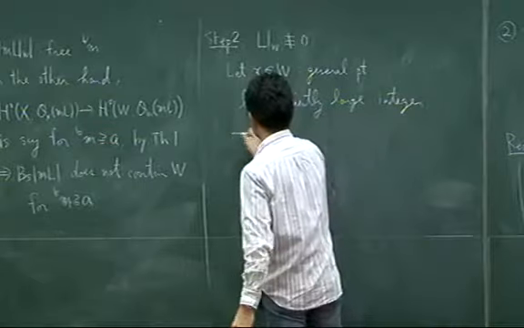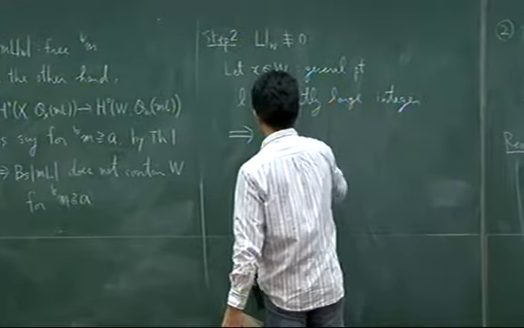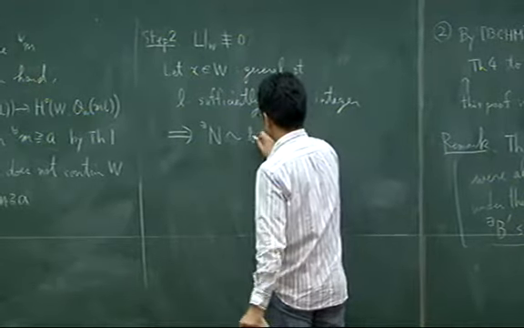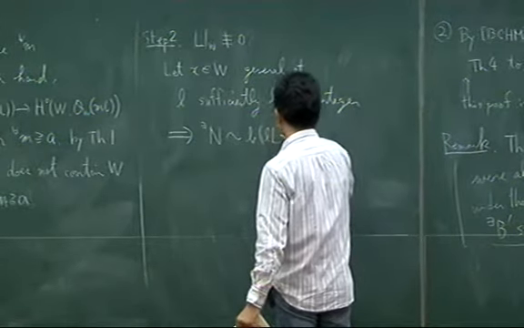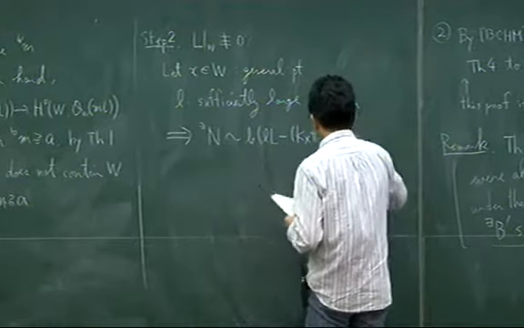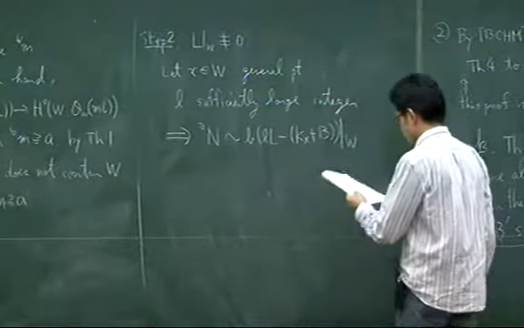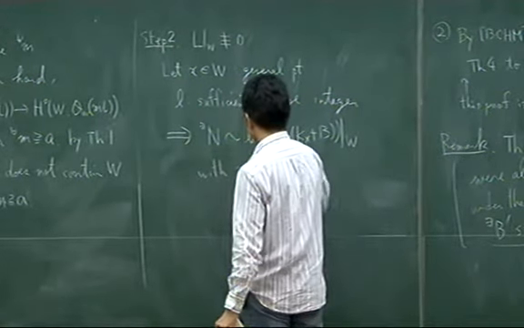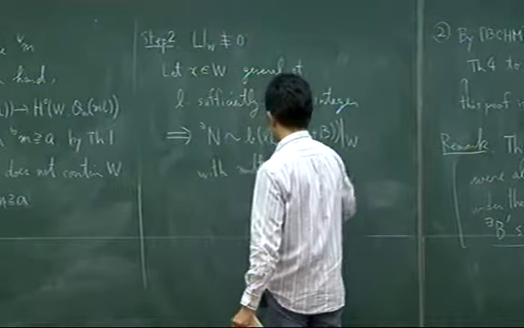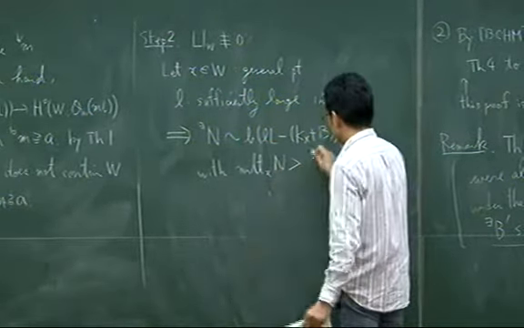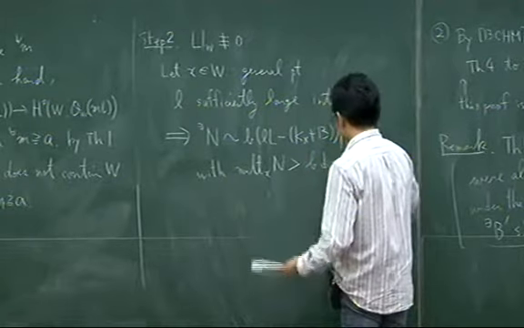Then we can find N, which is linearly equivalent to b times (L minus (K_X plus B)) restricted to W, with multiplicity at x larger than b times dimension W.